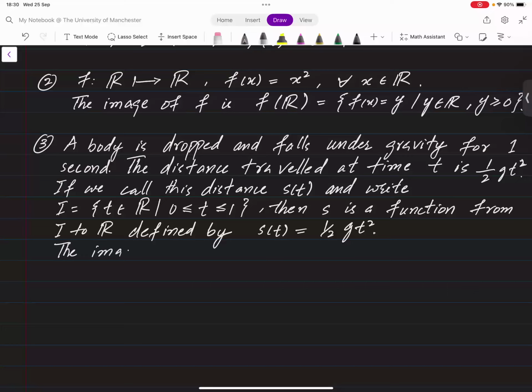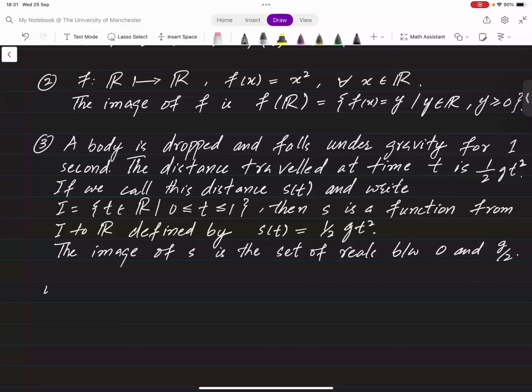The image of this function s is the set of reals between 0 and g/2.